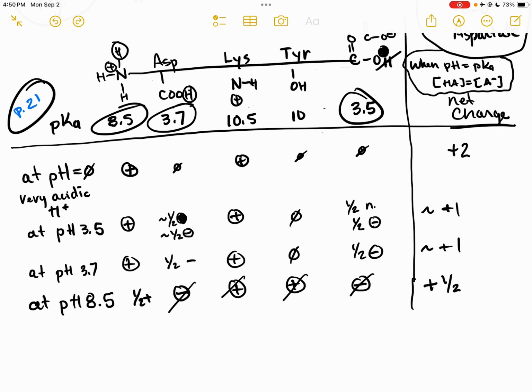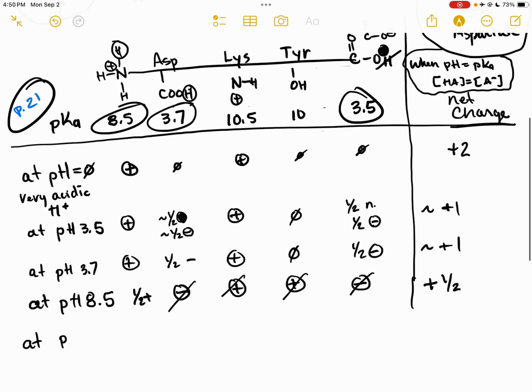But it says it has 10.07 compared to the lysine, which is 10.5. You know what? Maybe I should throw out the tyrosine. I don't know. At pH 10, let's see what happens.